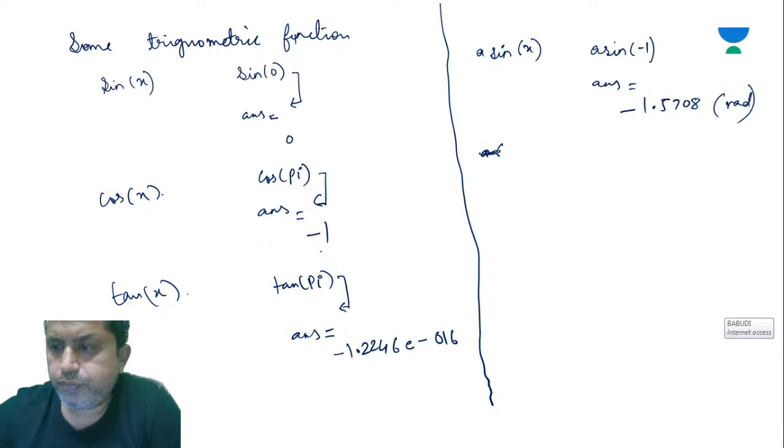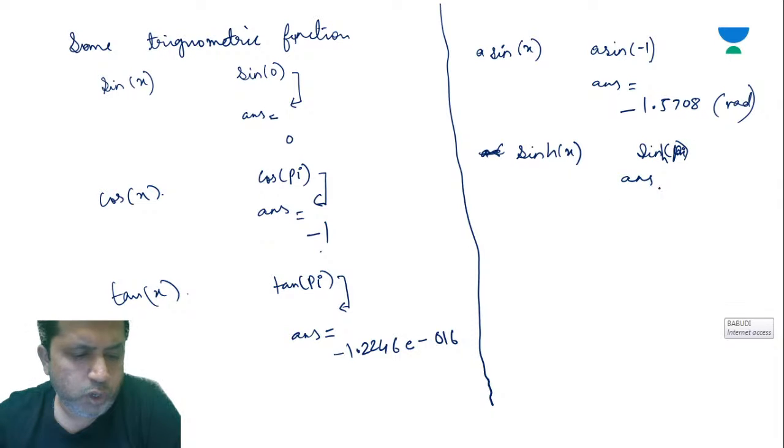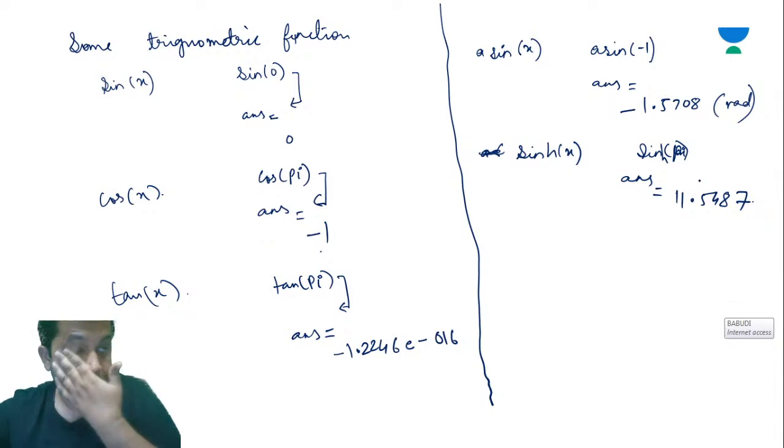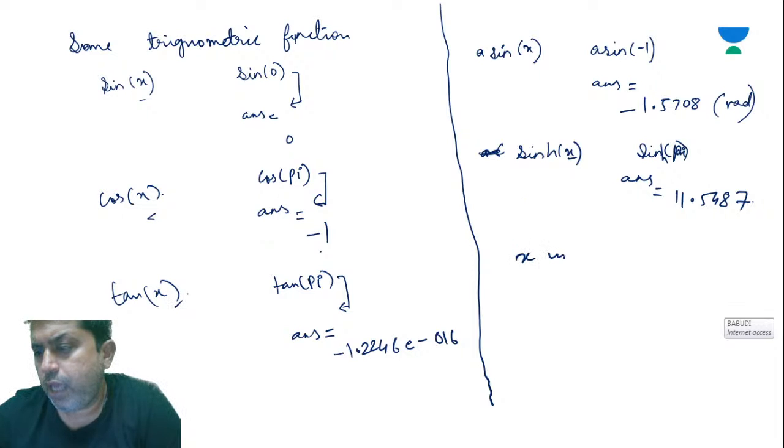Similarly hyperbolic sine, sinh x. So sinh of pi, answer is equal to 11.5487. All these x values are in radians.